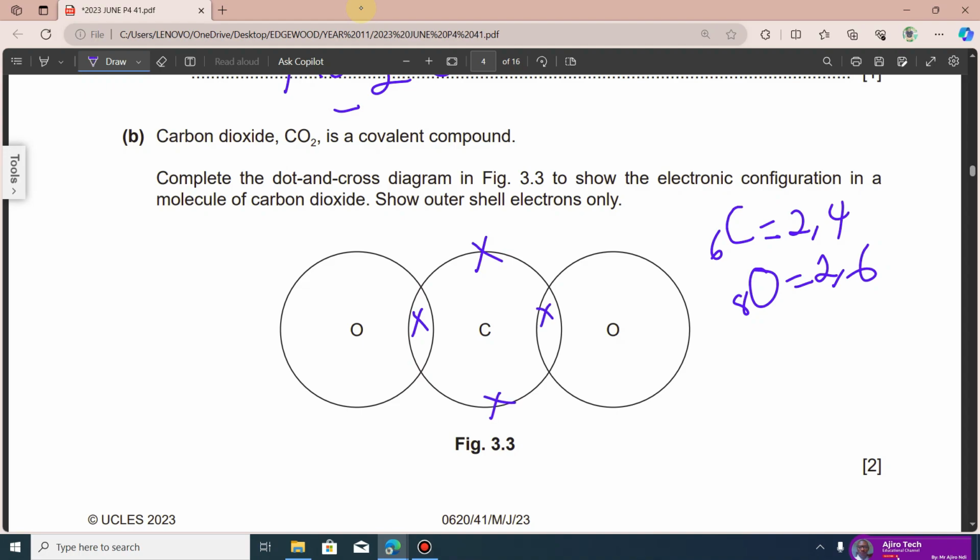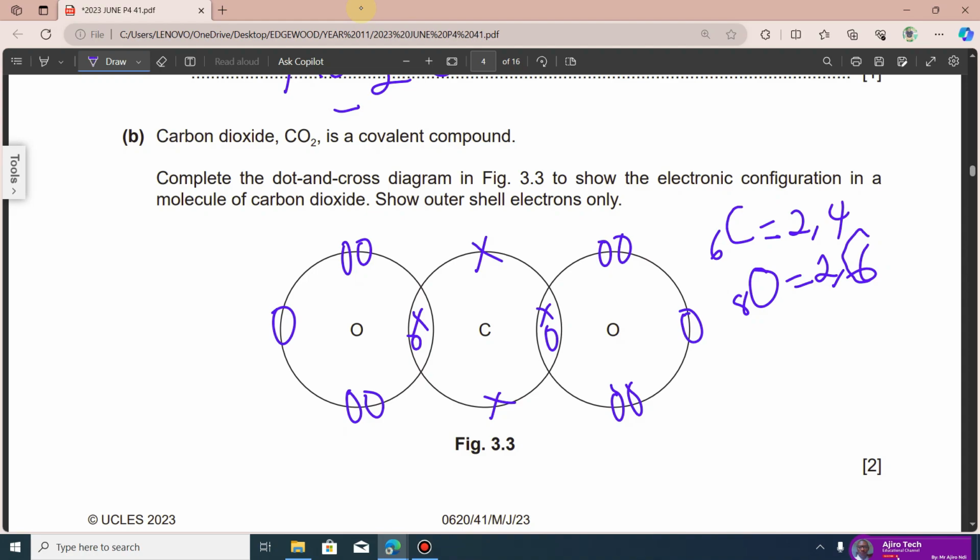For oxygen, since we are only drawing the outer electrons, which is 6, we expect something like what we had in the previous question.